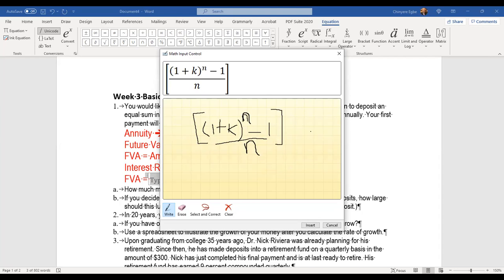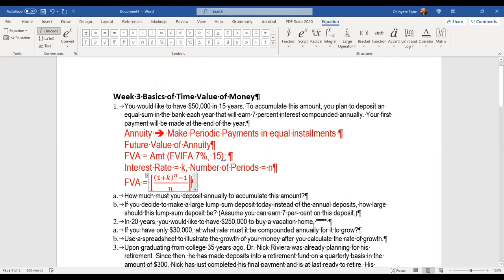Okay, so this is the future value interest factor for an annuity.